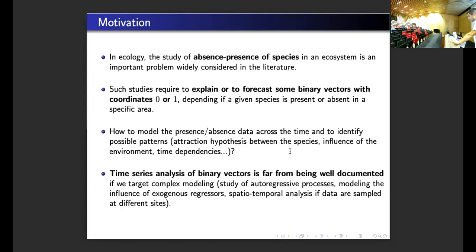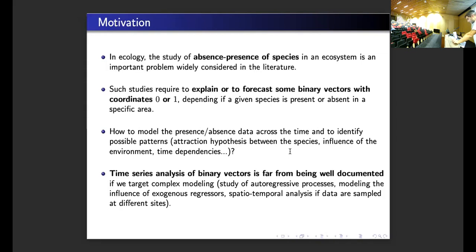And then the goal is to try to find some determinants, some variables that can explain this binary vector of 0 and 1. So one of the interesting questions is how to model this type of data, especially across time, and also to identify possible patterns with, for instance, the attraction or dependence between species, the influence of the environment, and the time dependence.